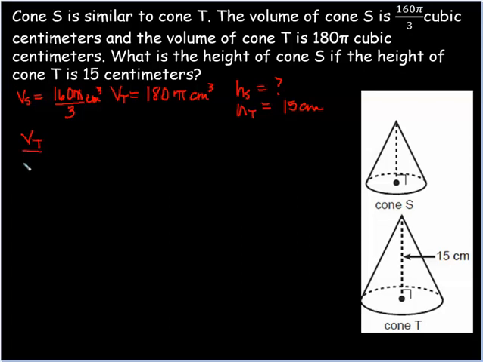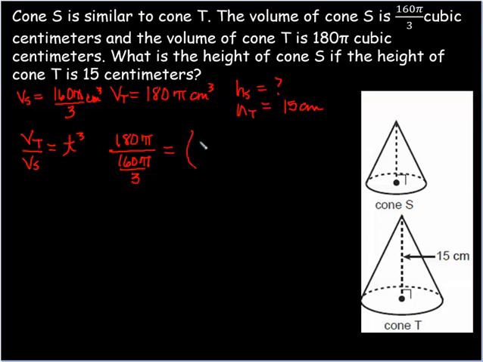We're going to put VT over VS, and that's going to equal T cubed. So we're going to plug and chug now. The problem is, for VT, that's pretty easy. That's 180 pi. But look at what I've got for the volume of cone S. Ugh, a fraction and a fraction. Yuck-a-doo.